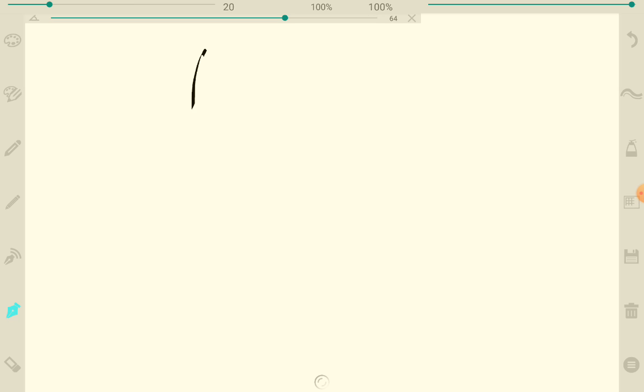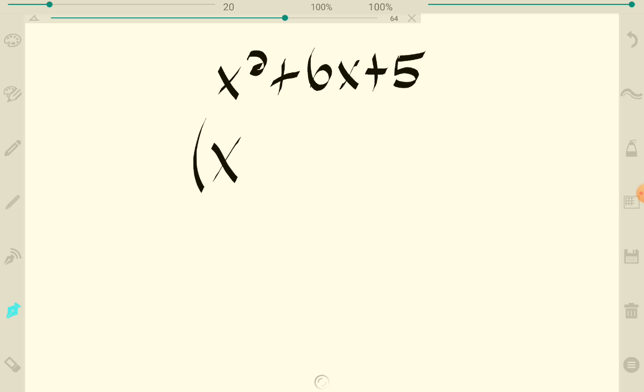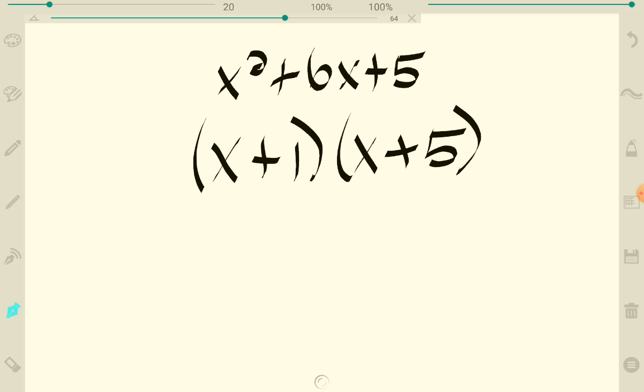So we can start with x squared plus 6x plus 5, and you don't have to have the parentheses right here. To start factoring, we need to make x equal to all of this. So we need to do x plus 1 and x plus 5, as this is factored down, because 5 and 1, when they're multiplied by each other, give this 5.